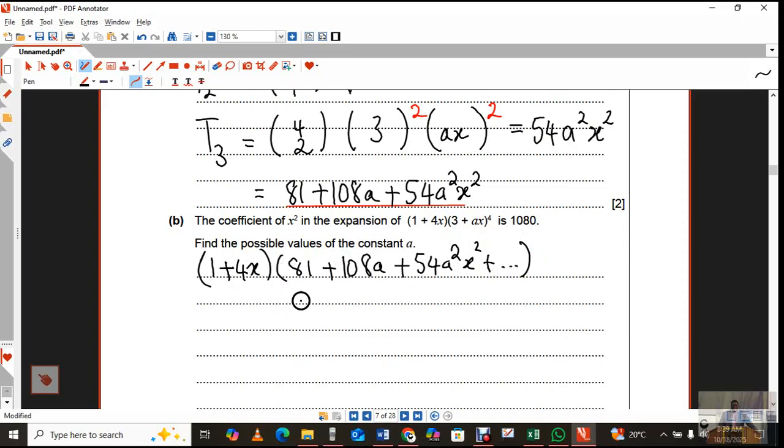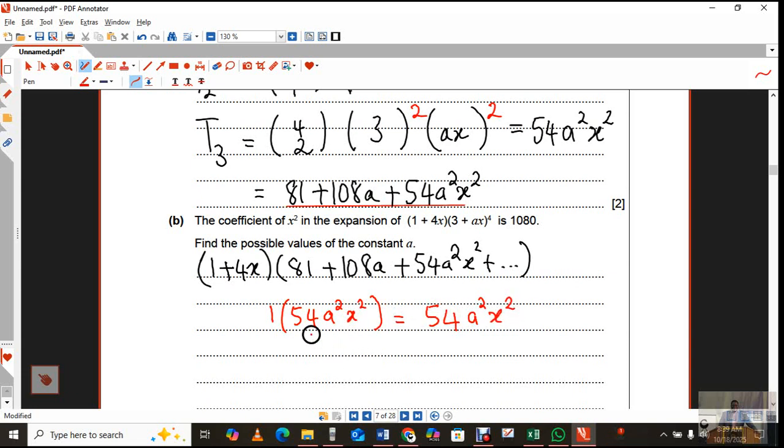So let's use these 2 to see in which scenario we are going to get an x squared term. It's this 1 times, obviously, the 54a²x². If you multiply, it gives you 54a²x².